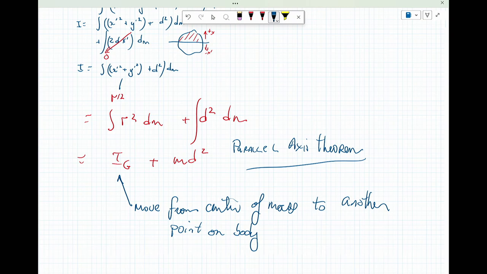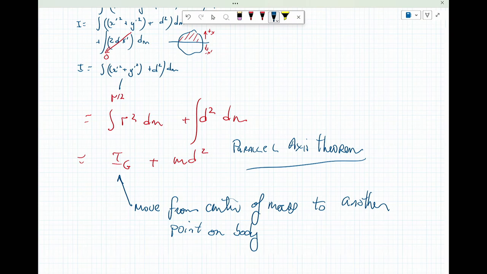So what you need to know is not necessarily a whole bunch of moments of inertia. You do need to know moments of inertia for a long slender rod, I think a disc, and maybe a plate. And after that, you can shift to any point on the body.